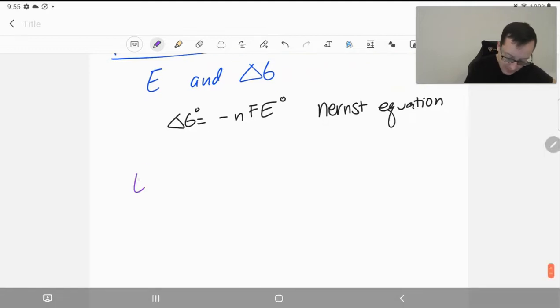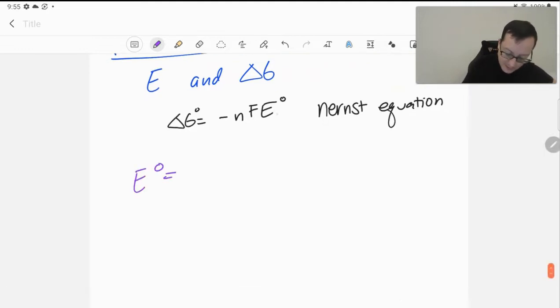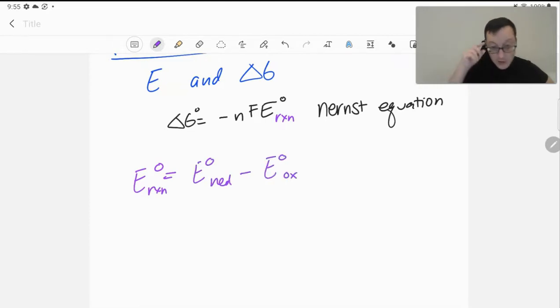Don't forget that. So remember that E for your cell or process doesn't have to be in an electrolytic cell, but we might say it is. So let's just say E for the reaction is the reduction one minus the oxidation one for your overall reaction.